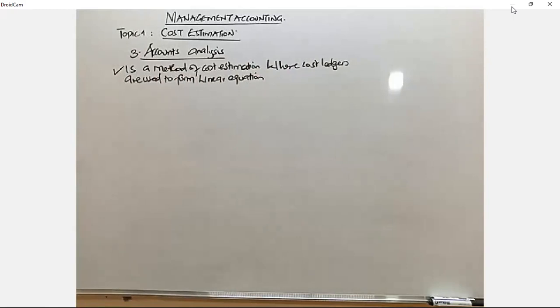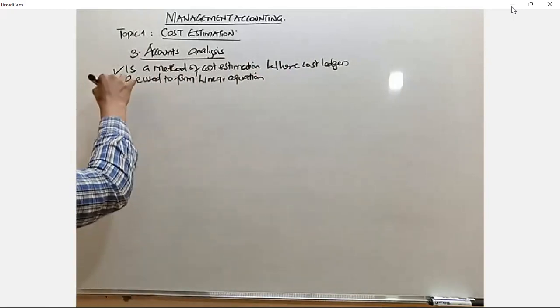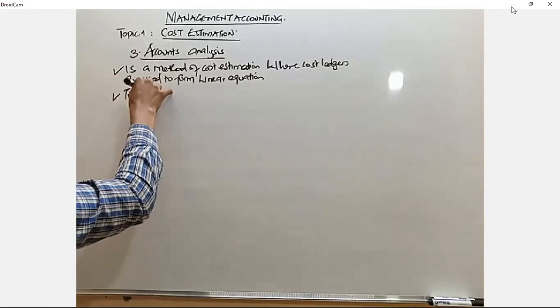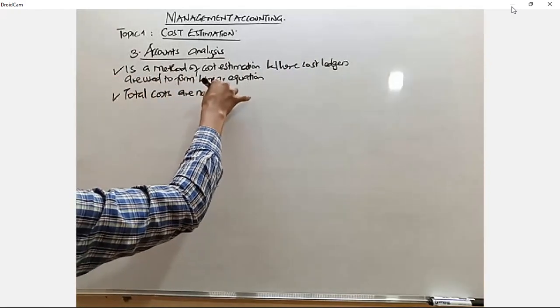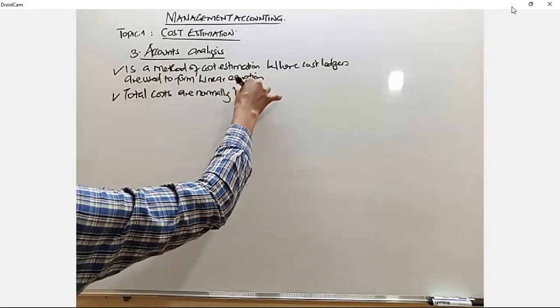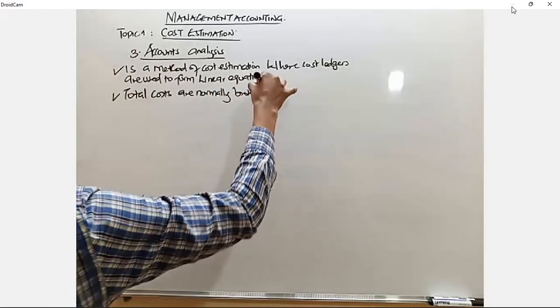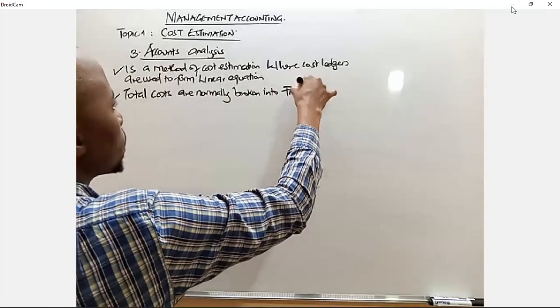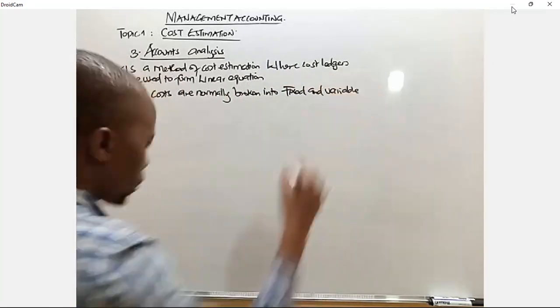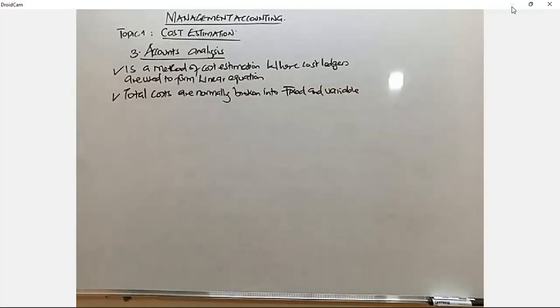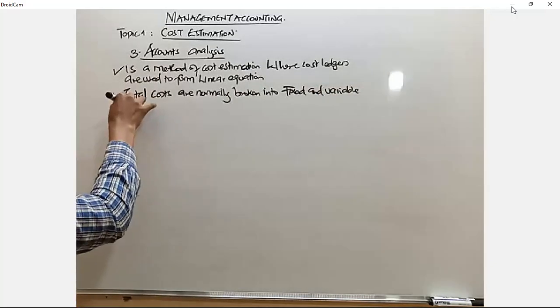So in this case, we normally say the total costs are normally broken down into fixed and variable components. That is the most important aspect.